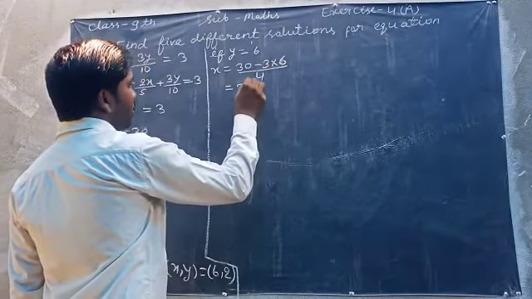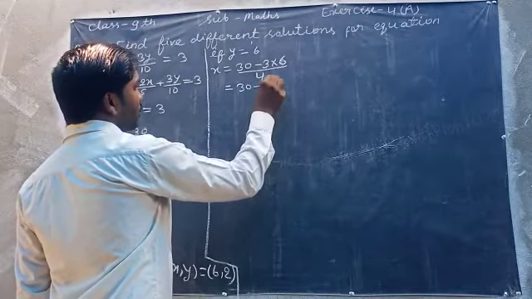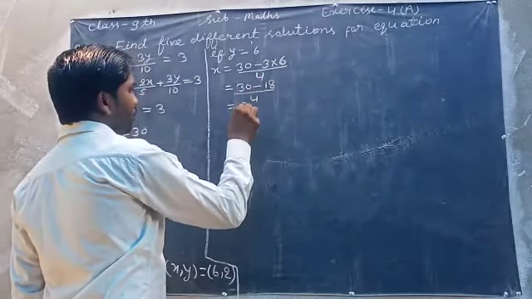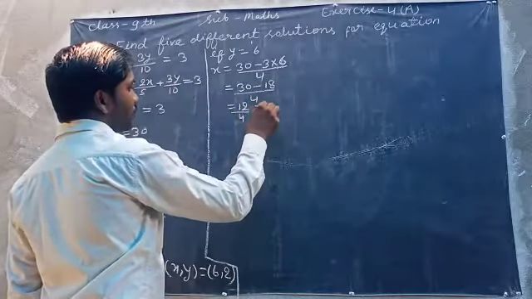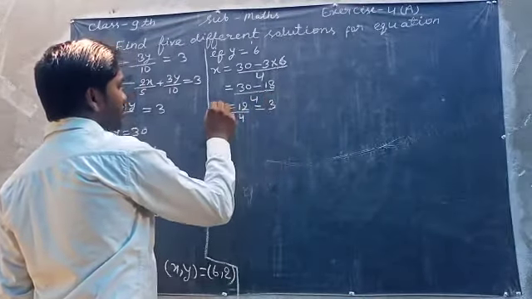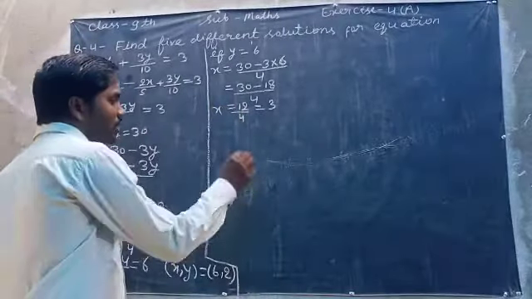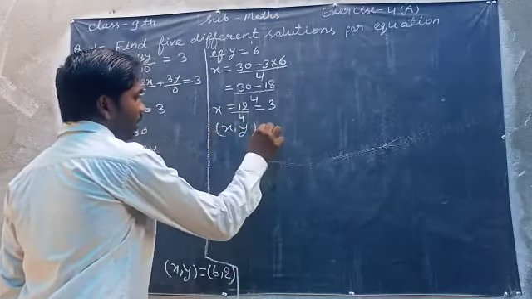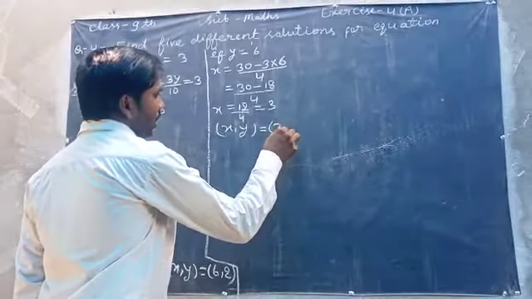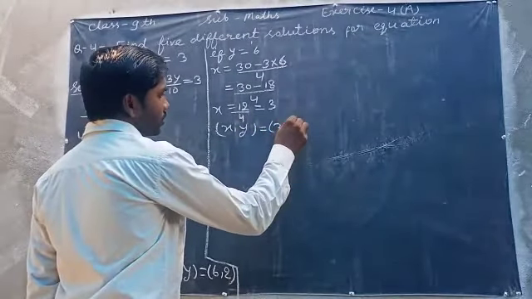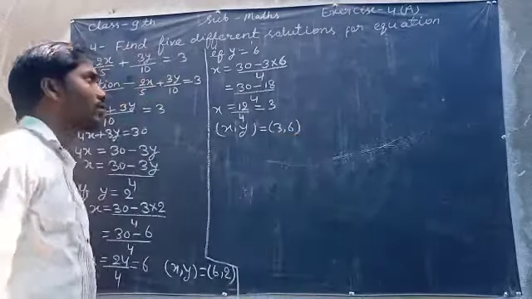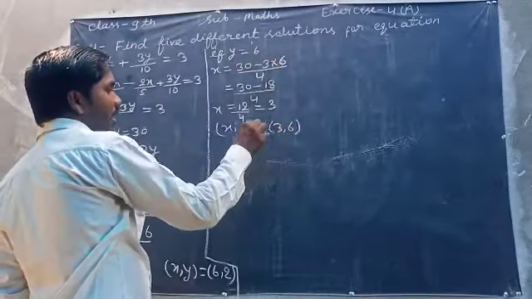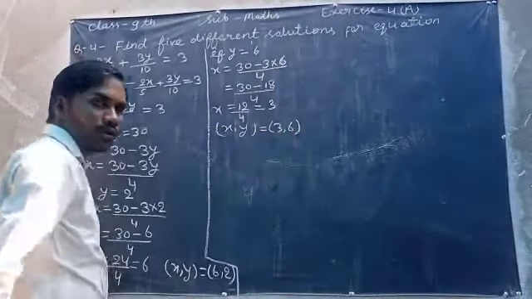So 3 into 6 is 18, and 30 minus 18 upon 4 is 12 upon 4, which means 3. So in this case our solution (x, y) will be (3, 6), because y is 6 and x is 3.